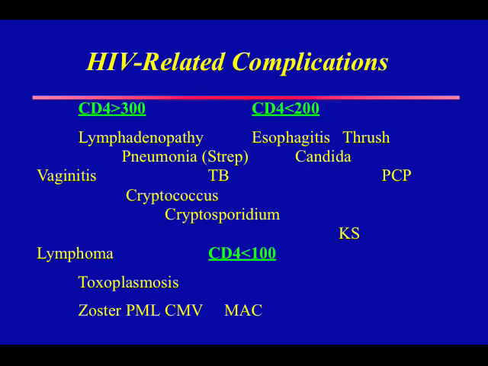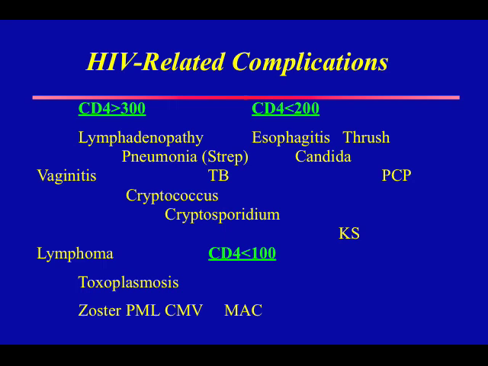So just to give you an idea, what are we looking for with different CD4 counts? As you can see, with CD4 count above 300, you can get strep pneumonia, you can get tuberculosis, you can get lymphadenopathy. Usually with CD4 count less than 200, that's where esophagitis, candidiasis, thrush, PCP, Kaposi sarcoma come from.